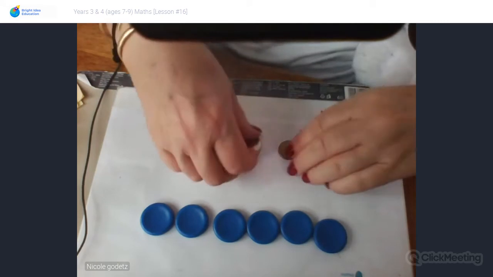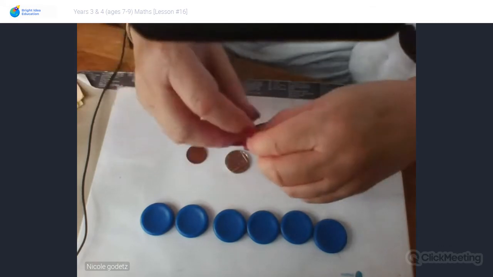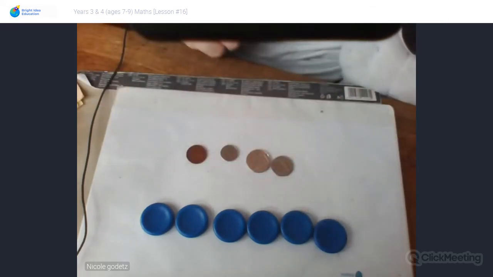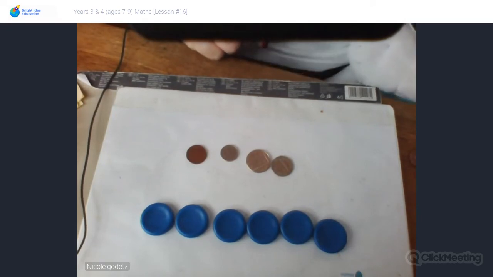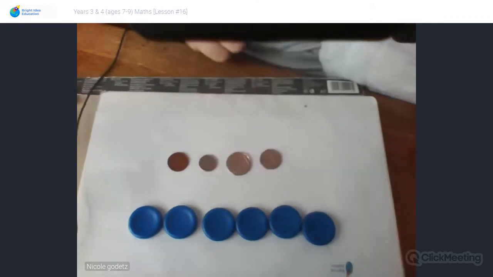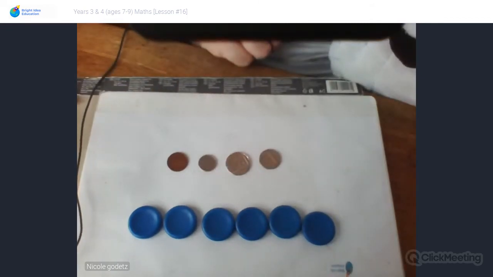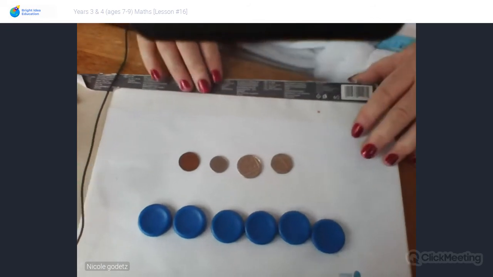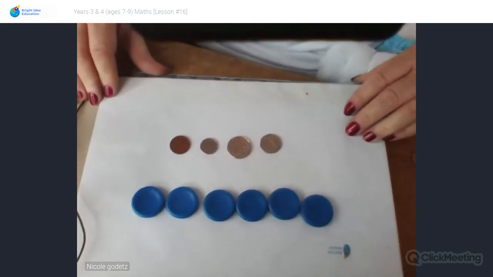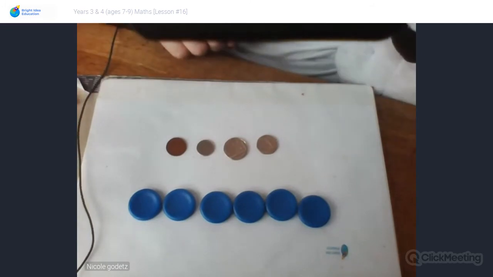Haven't finished yet. How much money have I got, first of all? I've got 6 friends, and I've got that amount of money. How much money is that?